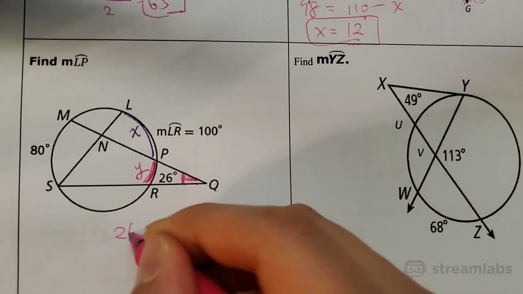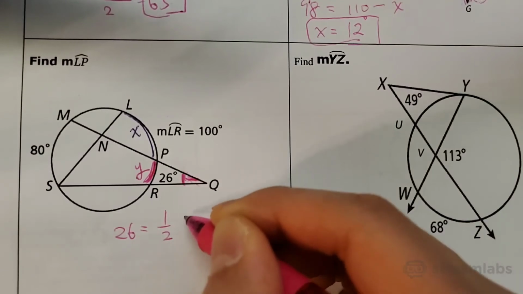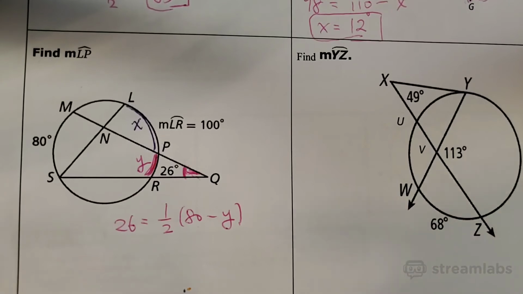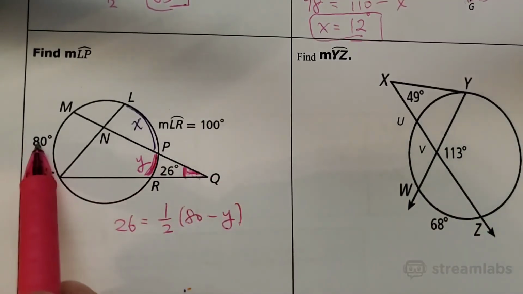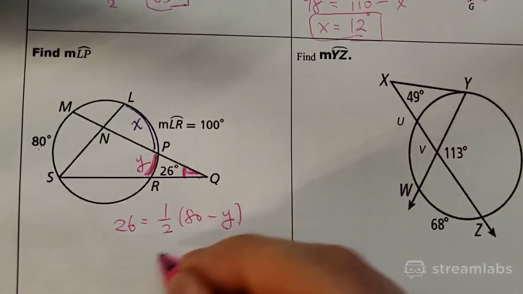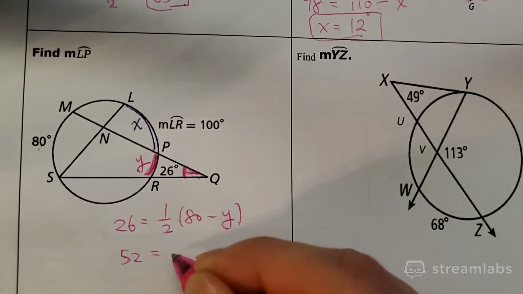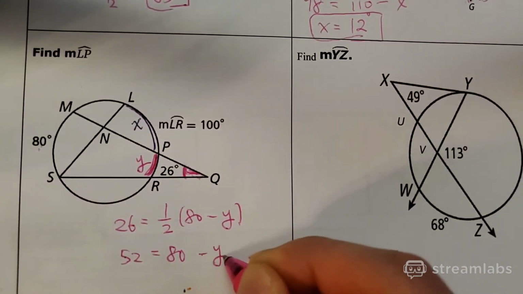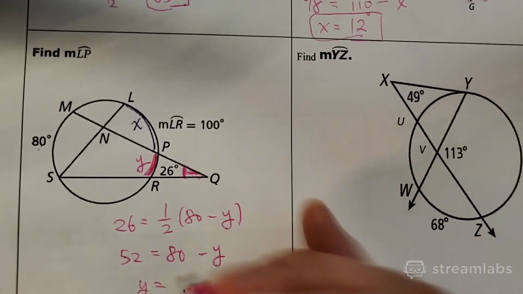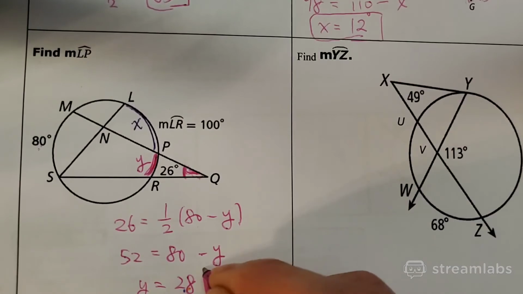So it'll be 26 equals 1/2 of 80 minus Y. Right, because this is an outside angle equal to half of big minus small, which ended up 52 equals 80 minus Y. So Y turned out to be 28. Right, 28 degrees.